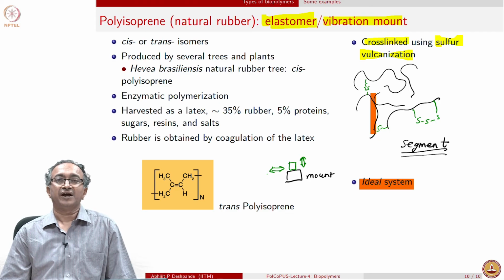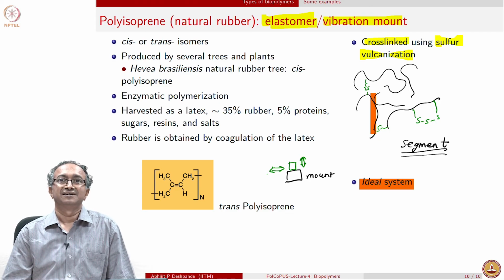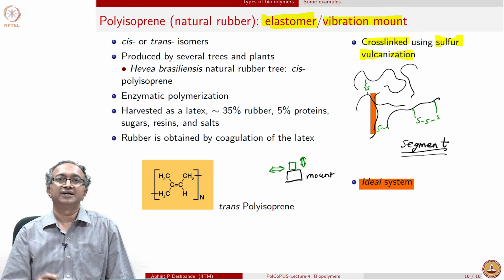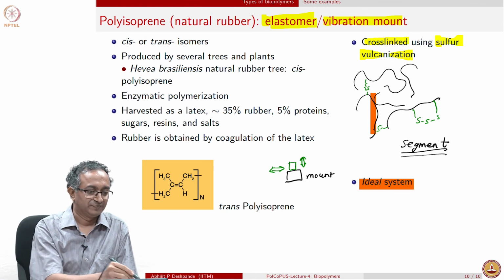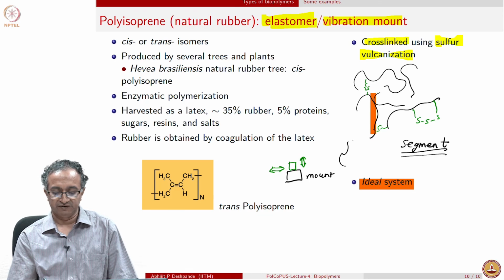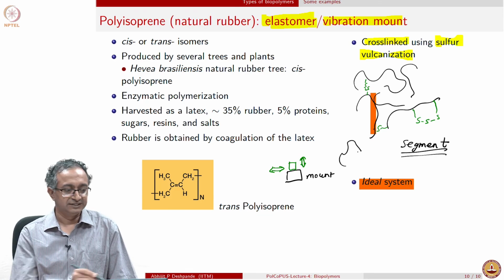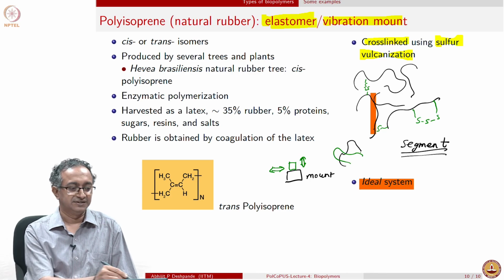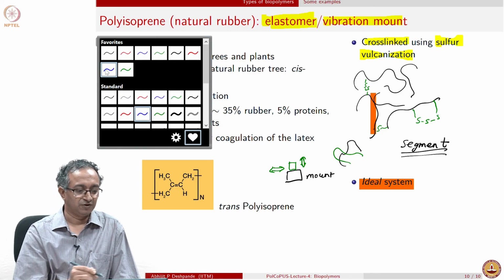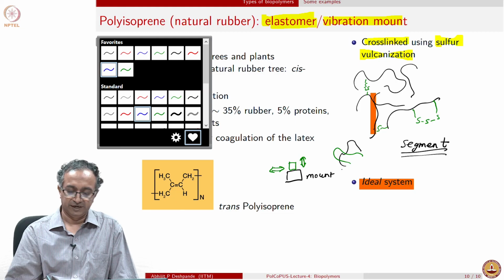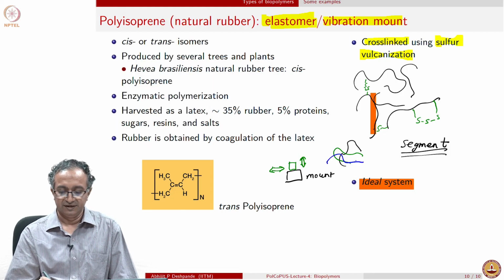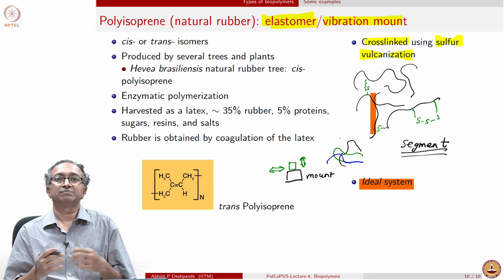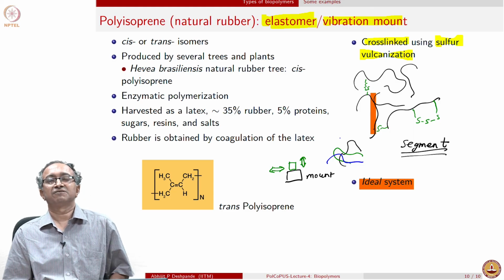Now what happens is, the segments do not get stretched, but the segments start doing all kinds of conformational changes. A segment which was in one instant like this may change its conformation and become like this, again may change its conformation and become something like this. So, the segment keeps on changing its conformation.